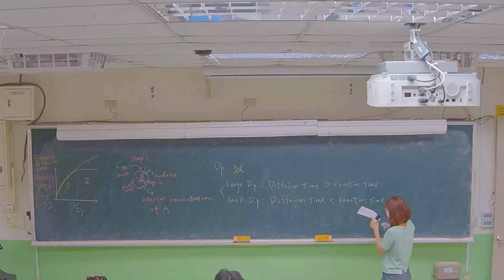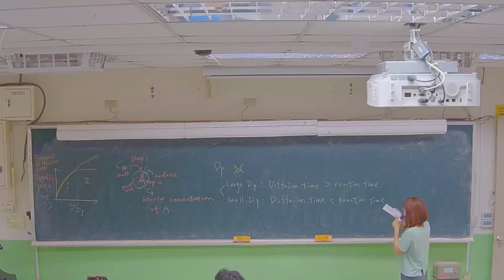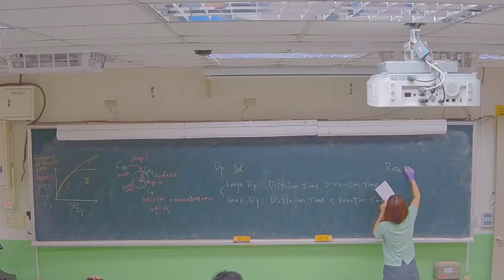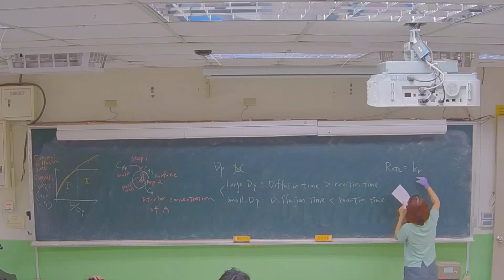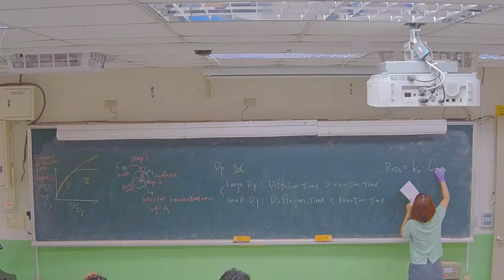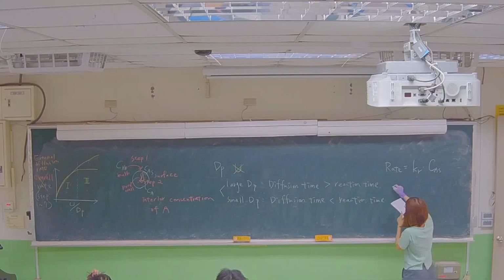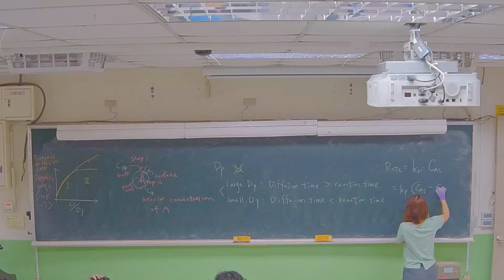And the rate of reaction, I think that is part you have to write down. The rate of reaction equals Kr, a rate constant, times CAS. But actually, it is better to have CAS minus CA.